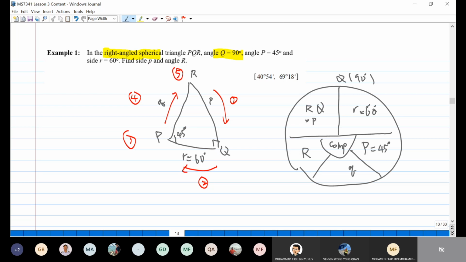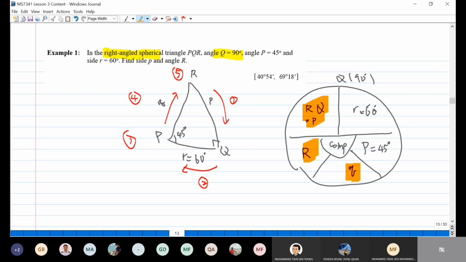Things you don't know, you have to figure out how to find them. Let me use a color I have not used before. The things you don't know are this one, this one, and this one. Right, these are the ones you don't know.